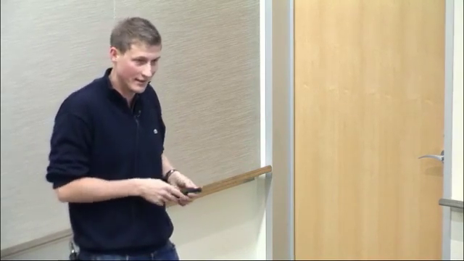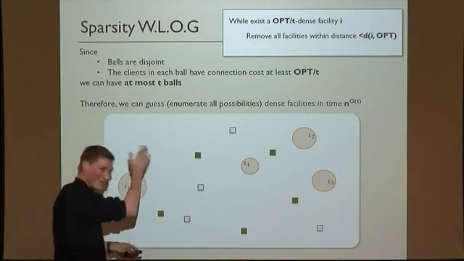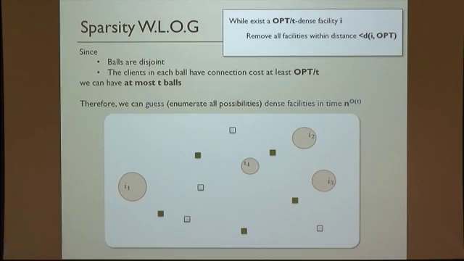So we can have at most t balls. Because balls are disjoint, we can have at most t balls, because otherwise opt would not be opt. But now we can guess these balls, even if we don't know opt, because we only have t of them. We can just enumerate all possibilities in n to the power of t time. So it was a thought experiment, but you can easily turn it into an algorithm by paying a large polynomial factor.